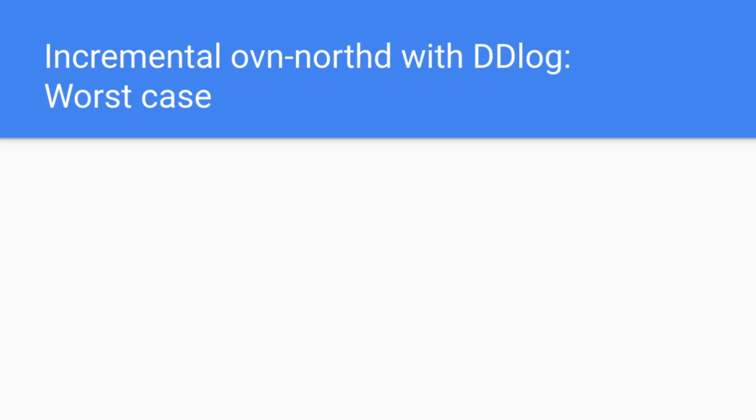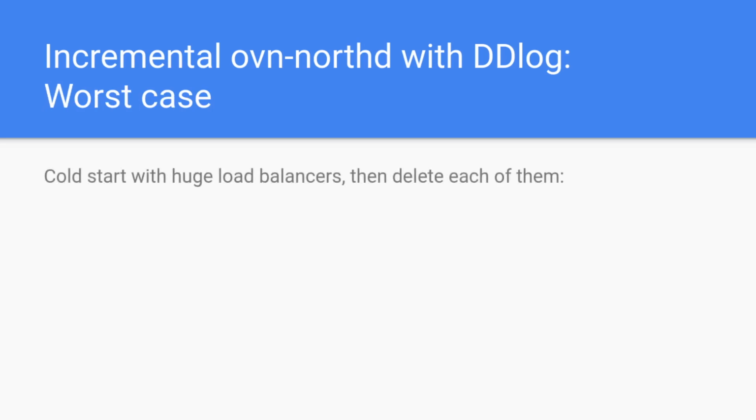Unfortunately, the worst case is pretty bad. This is also a benchmark that Red Hat provided, and the way it works goes back to the load balancers that I mentioned briefly before.